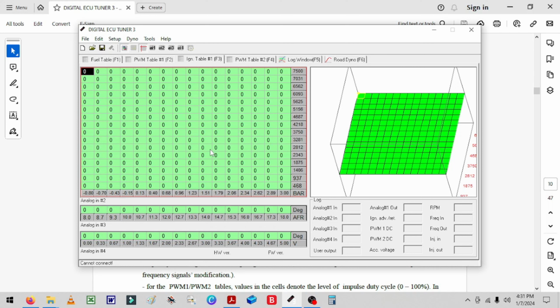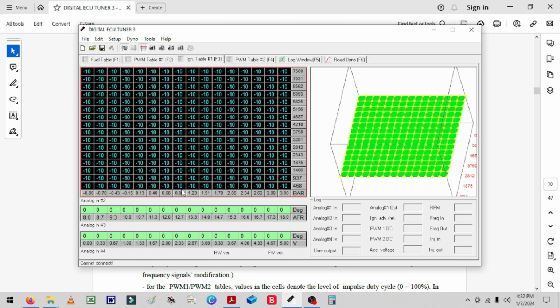All right, now what's happened here is, yes, I mechanically advanced the timing 10 degrees, and it's not going to be correct if I just leave it like that. So what you can do is go into this ignition table and select the entire field minus that 10 degrees that you put into it.